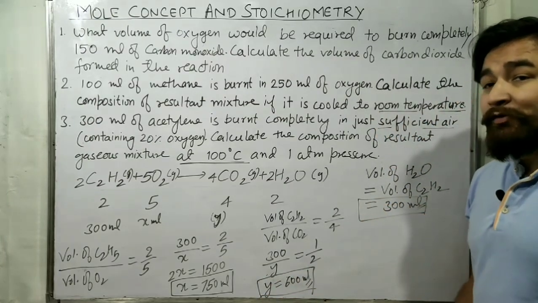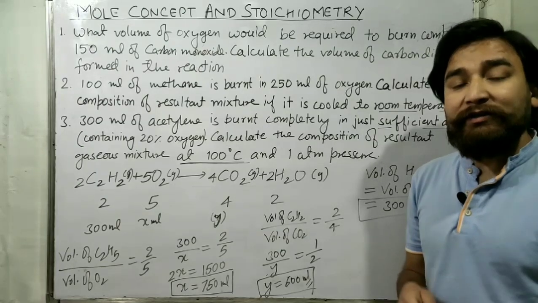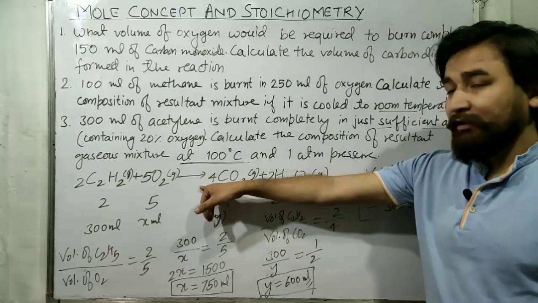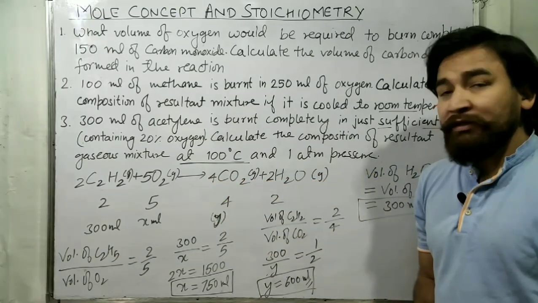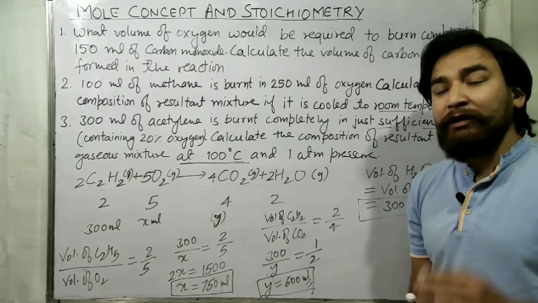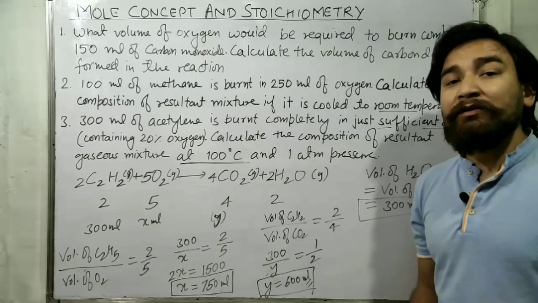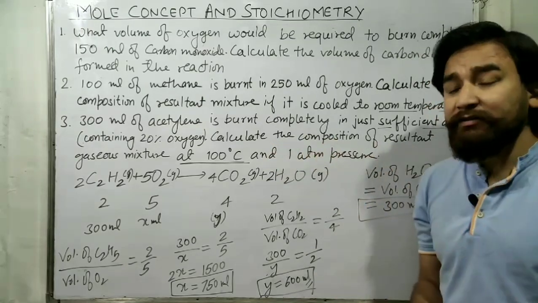Now we also have to calculate the volume of nitrogen that was left, because nitrogen will not react in this chemical reaction. So nitrogen will remain unreacted. Only oxygen from the air will react and nitrogen will be left unused. So what will be the volume of nitrogen? Only after that can we calculate the composition of the resultant gaseous mixture.